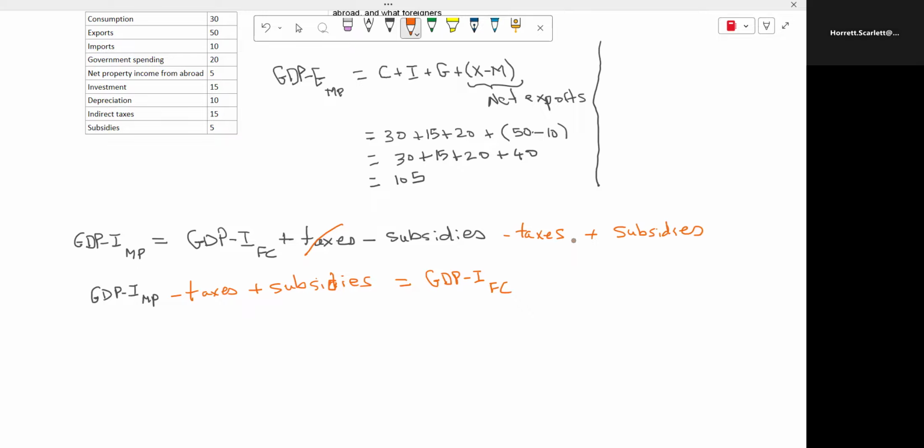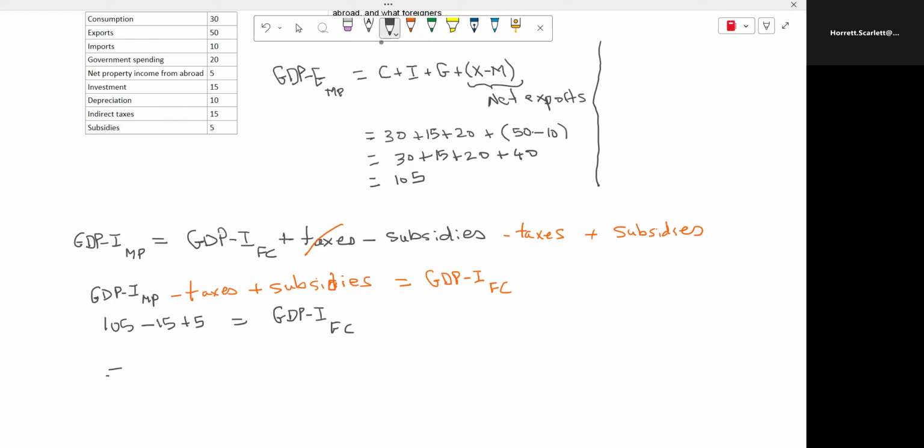So let us put in the values now. We know that GDP at market price is 105. We computed that based on the expenditure model. So we want to subtract the taxes, which is 15, and we want to add the subsidies, which is 5. And that will give us the GDP at the factor cost.